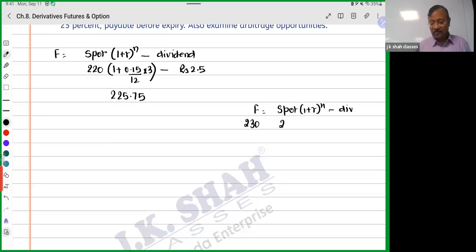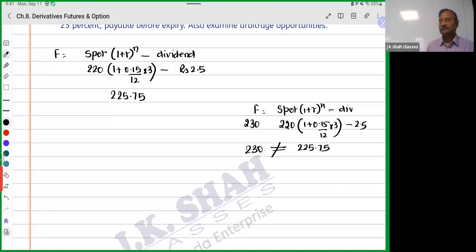Spot is 220 into 1 plus 0.15 by 12 into 3 minus 2.5, right? Now the question is, इसका आंसर कितना आ रहा है? That means arbitrage profit of 4 rupees 25 paisa is possible.